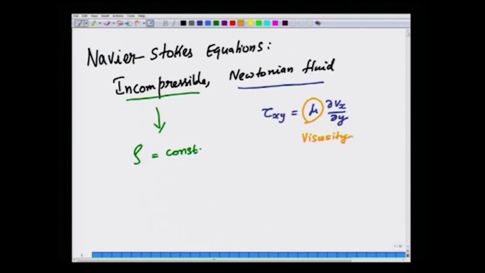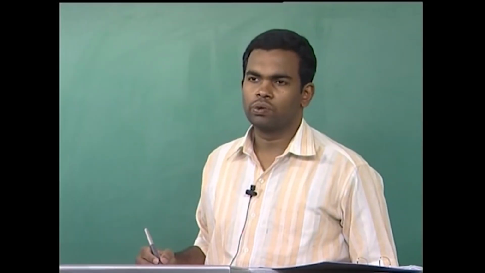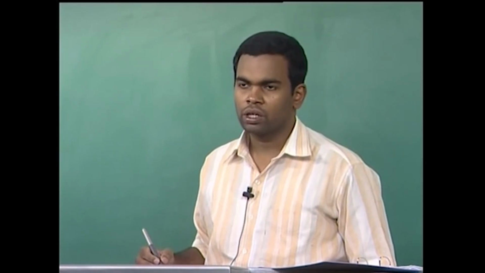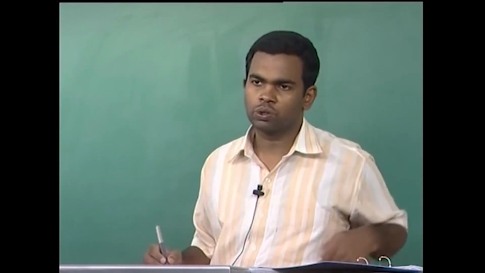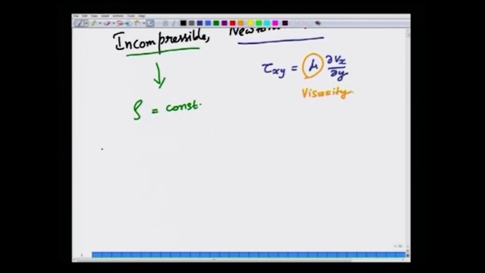So, these are the two restrictions that we are going to impose in this course, that is, the fluid is incompressible, the density is constant, and the fluid is Newtonian, that is, the shear stress is directly proportional to the velocity gradient. Now, having said this, we can write the vector form or coordinate free form of the Navier-Stokes equation as follows.